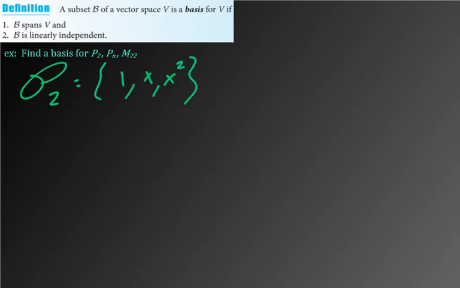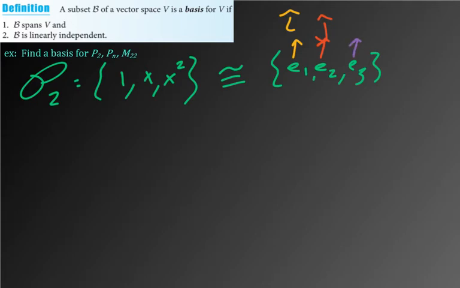This is analogous to the set of E1, E2, E3, your standard basis vectors that you're used to, your i hat, your j hat, and your k hat for R3. So these are your building blocks for P2, just like these are your basic building blocks for R3.